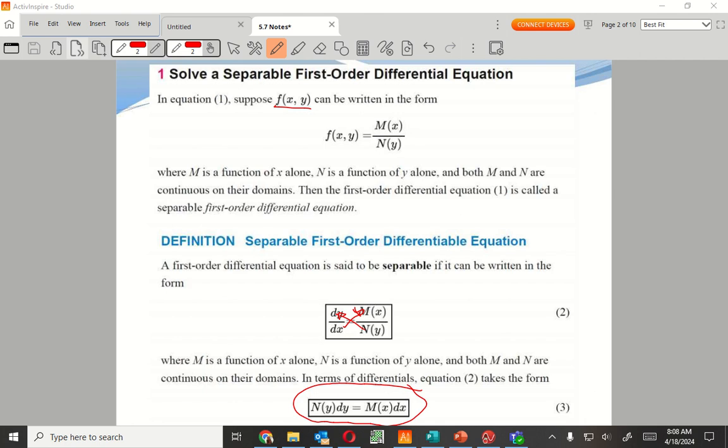So in terms of y, dy, that's the left. I have an integration on the left-hand side, and it's equal to the integration in terms of x on the right side. So all my y's are on the left, all my x's are on the right. That's what we're going to do.